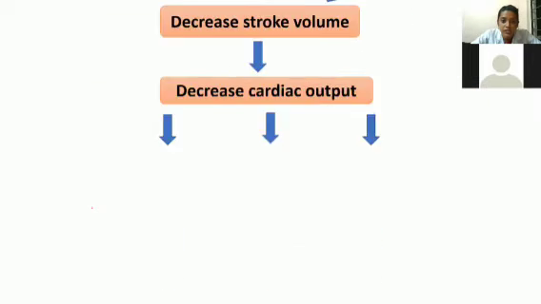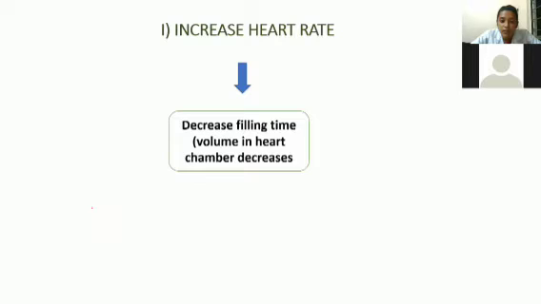Let's see the first thing, that is increase in heart rate. If our body is facing any problem, it will try to compensate. This is one of the body's compensatory mechanisms to increase the cardiac output. Due to increased heart rate, the heart is beating fast, so it wants to eject more blood.